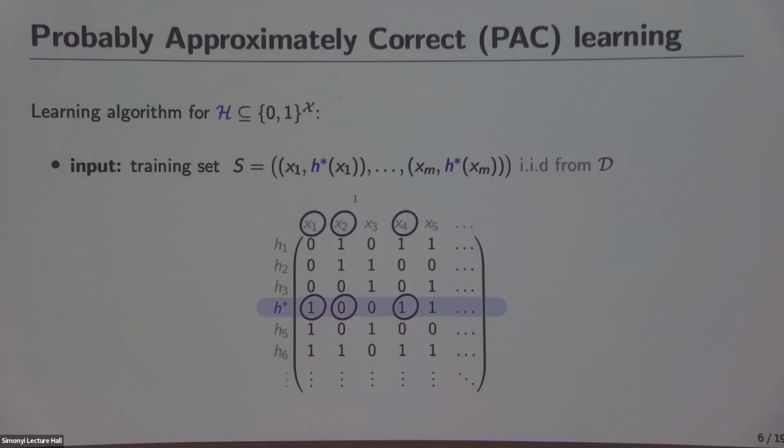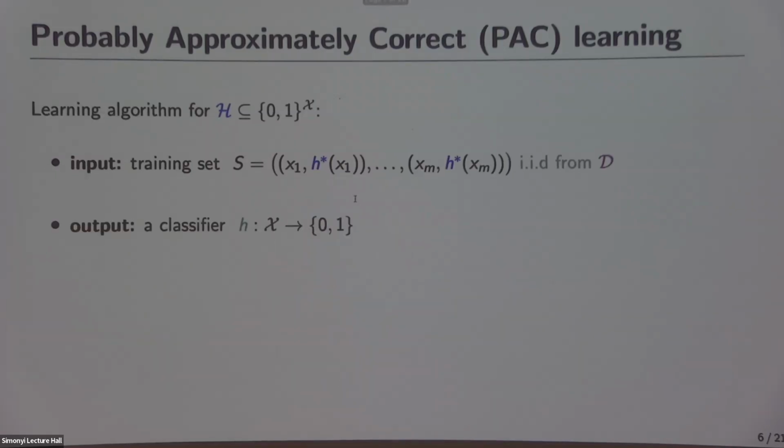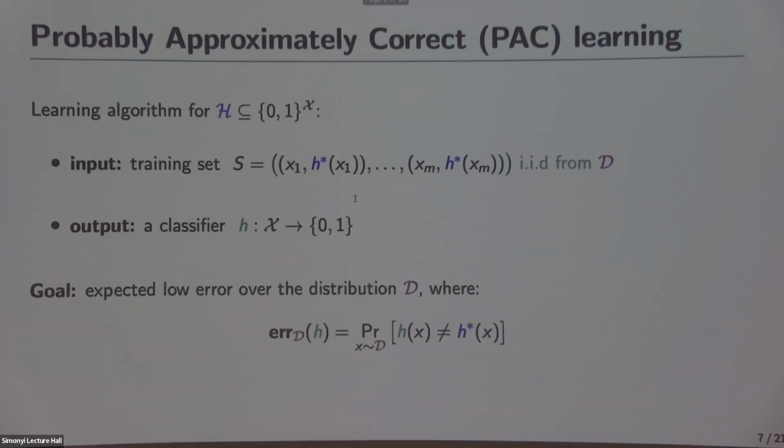And we need to find the correct labeling. So what is the output of the algorithm? It's just a classifier, another binary function. And the goal of the learner is to have a low error over the same distribution D over the columns, where the error is what you would expect: the probability of H and H star disagreeing.